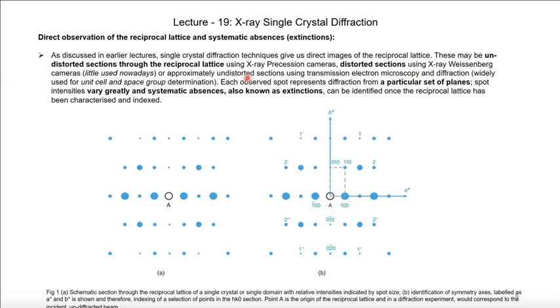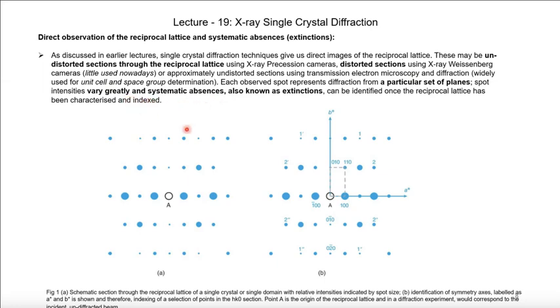Nowadays, transmission electron microscopy also shows that we can determine the three-dimensional structure of a nanocrystal, which we could not do earlier by X-ray diffraction. So electron microscopy and X-ray diffraction techniques are complementary to each other.